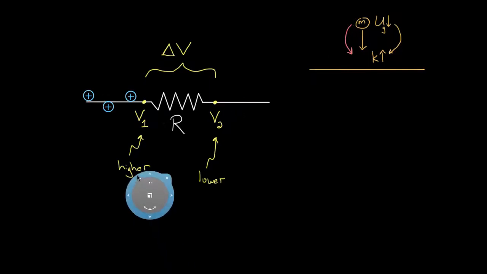So as these charges fly through this resistor, they strike the atoms and molecules in the lattice structure of this solid. So this resistor is made out of atoms and molecules. And as these charges flow through here, and again, it's really electrons flowing the other way, but as the charges flow through, same idea, they strike the atoms and molecules, they transfer energy into them.